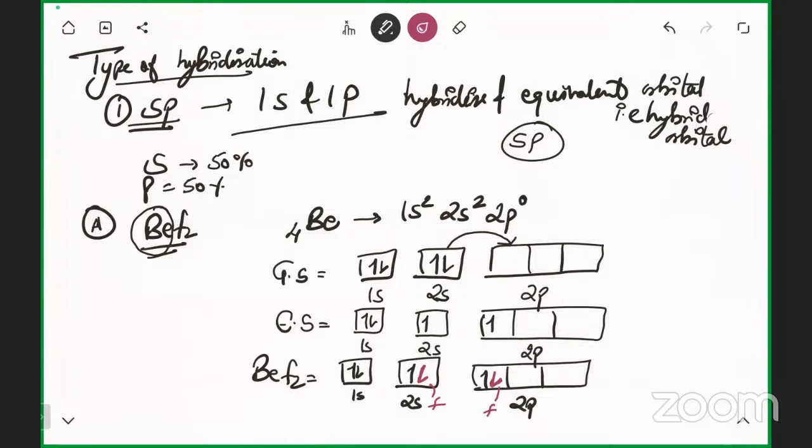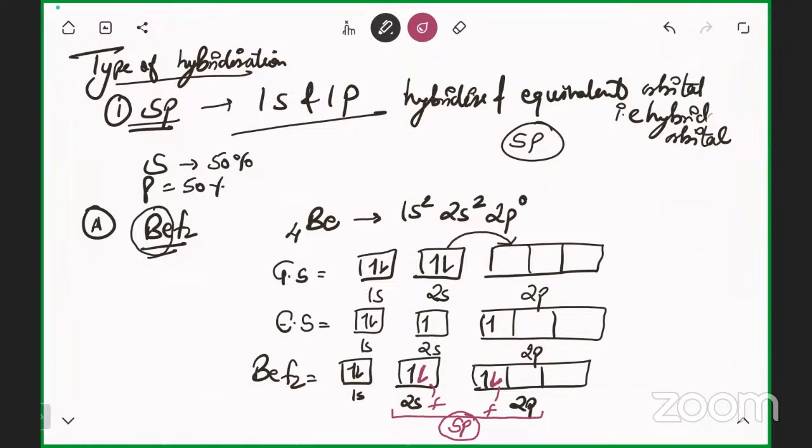Now just tell me which orbitals are participating in the hybridization. One orbital of s and one orbital of p. The hybrid orbital formed is known as sp hybridization. So when one s and one p hybridize, it is known as sp hybridization.